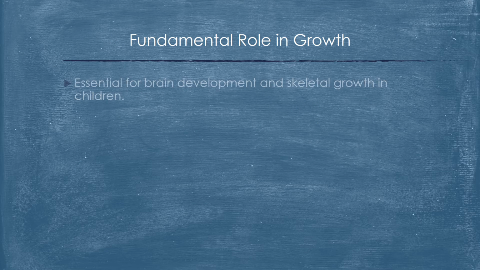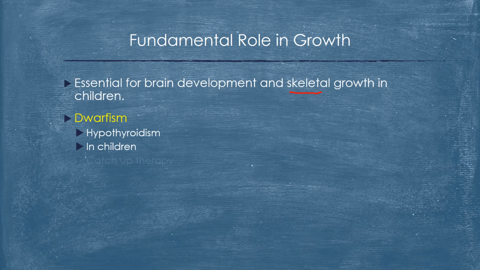Okay, fundamental role in growth. We've talked about its fundamental role in mental development, but in growth also, it is very essential for skeletal growth. If hypothyroidism develops after birth, not congenital, dwarfism might occur. Dwarfism means short stature and short in development.